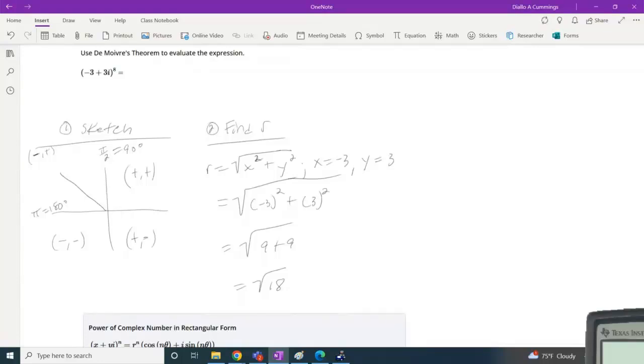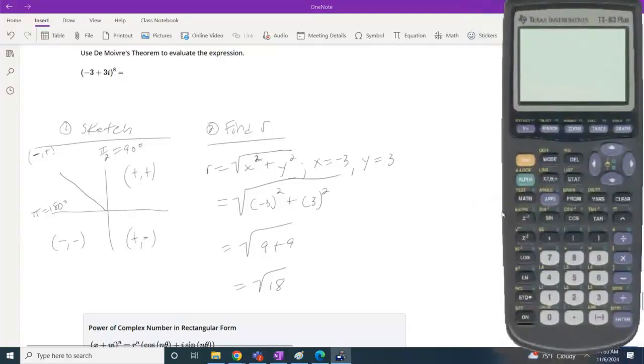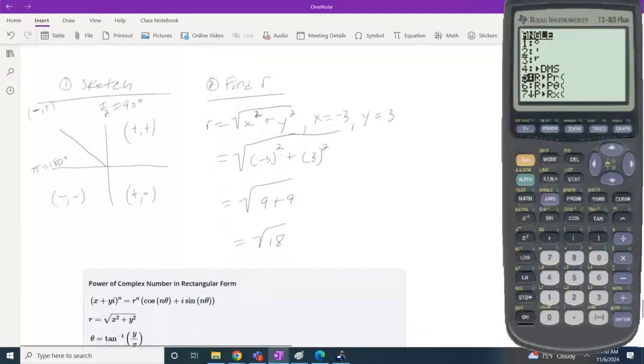Now, if I put this in my calculator, it's not actually going to give me the square root of 18. It's going to give me that approximate value. But just to show how to find r in the calculator, I'm going to go into angle, which is second in apps. I'm going to scroll down to the fifth function.